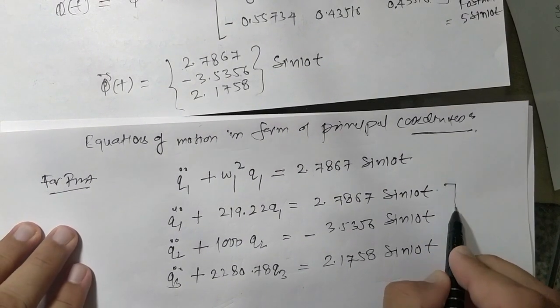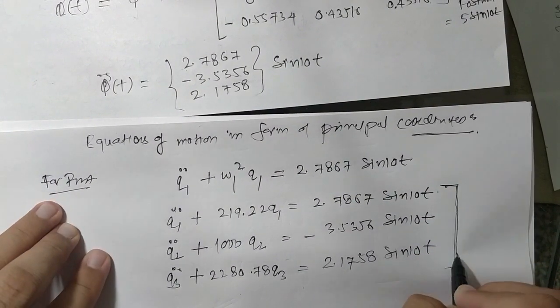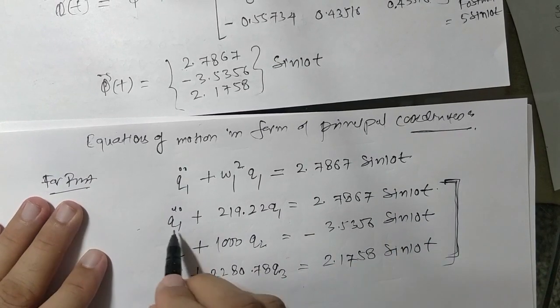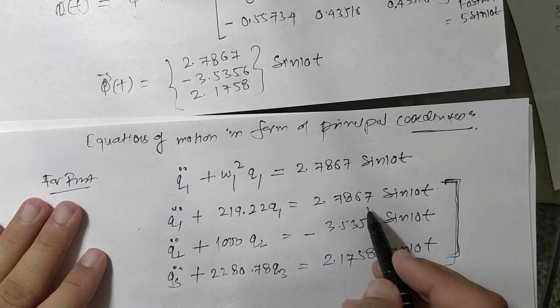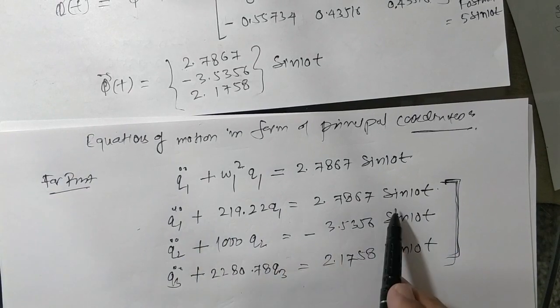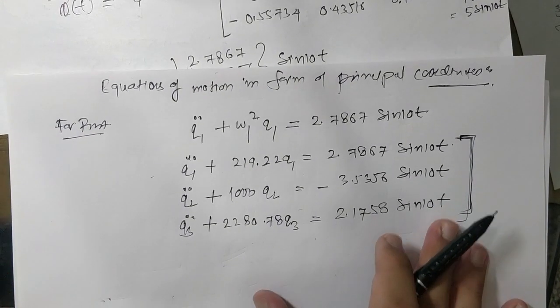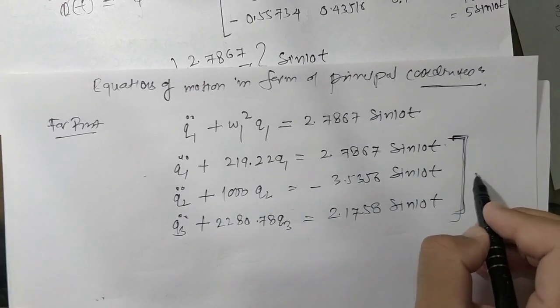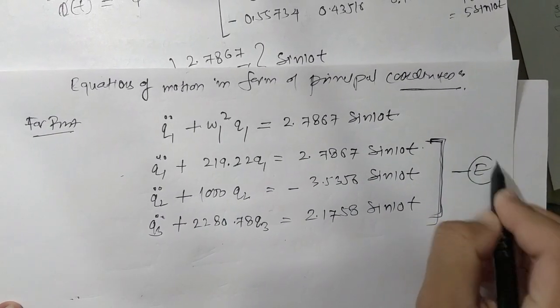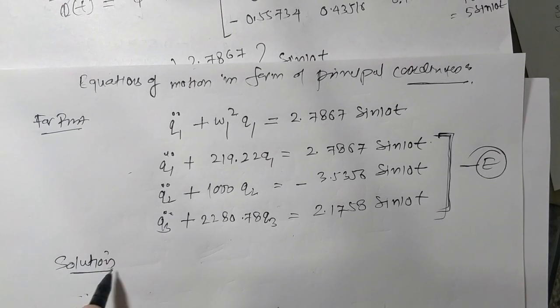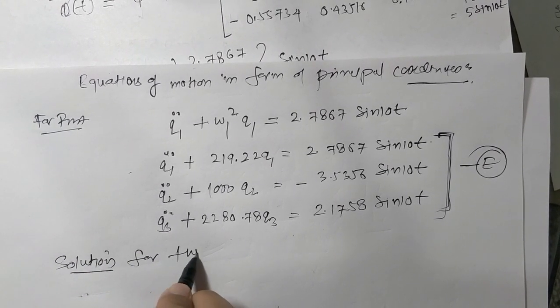So these are the equations in the form of principal coordinates, and all these equations are analogous to a single degree of freedom system. This is our equation, so we can write the solutions for these equations.